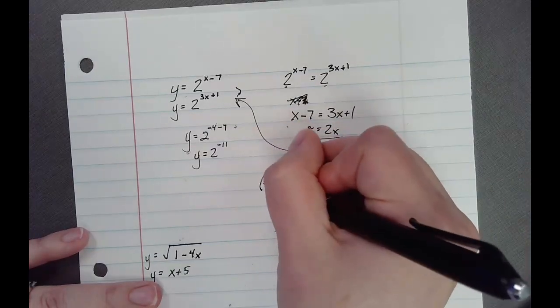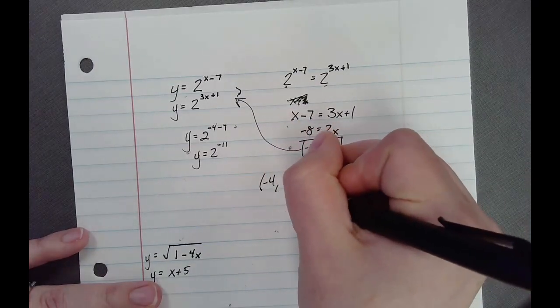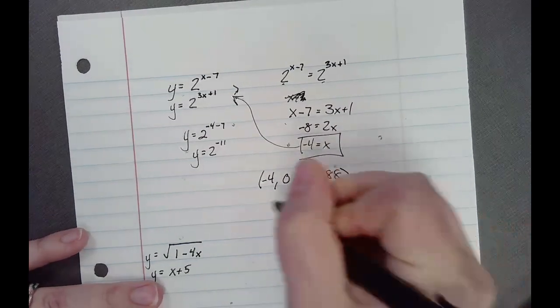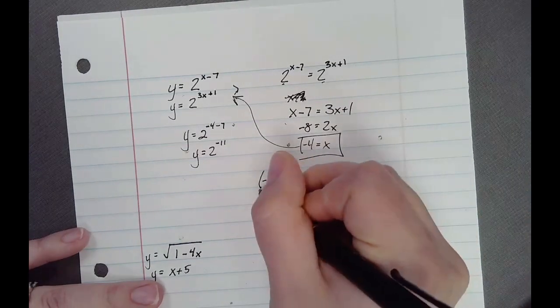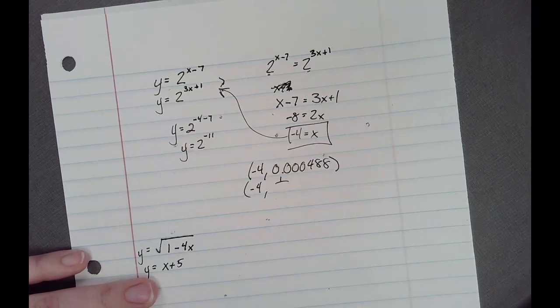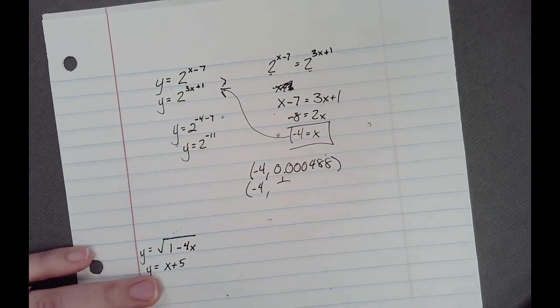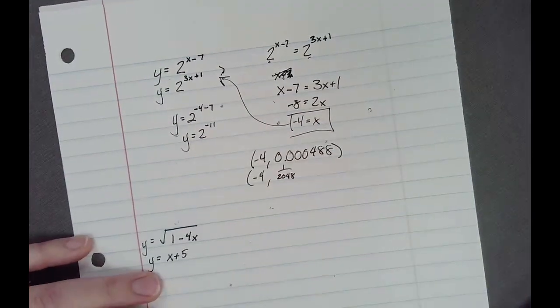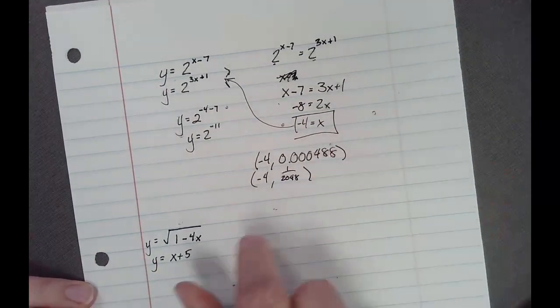So I would say negative 4, comma, 0.000488, or negative 4, comma, 1 over 2 to the 11th, 1 over 2048. That's our answer.